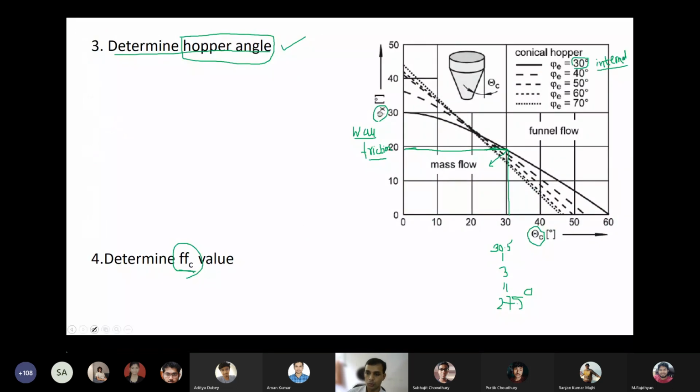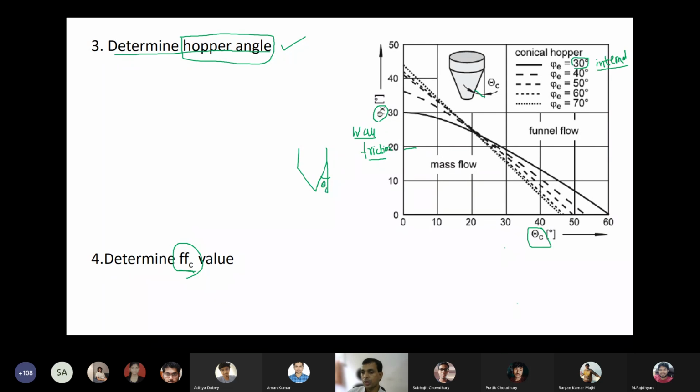Once we know these two, we have to use this chart to find out theta c. What is theta c? Theta c is the conical hopper angle. So this is the silo, this is the hopper, and this is the angle theta c.